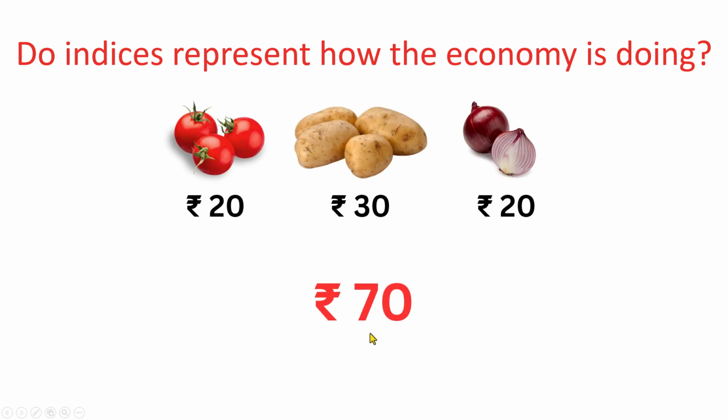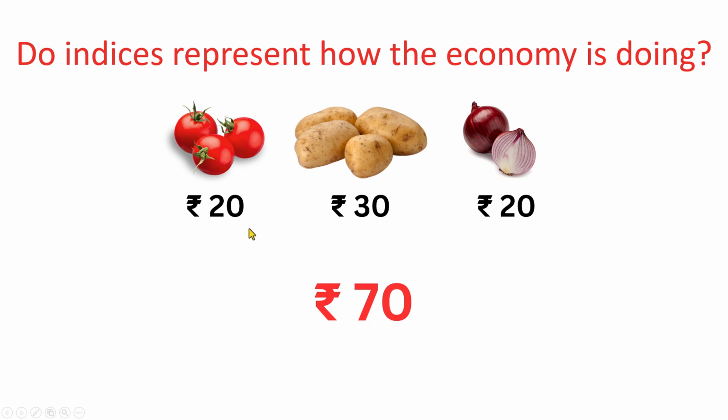The reason is, let me come back to this example once again. You see here, 70 is our index, which gives us the price of these three vegetables only. Correct? Apart from these three vegetables, there are various other vegetables also, and those vegetables are not represented by this index. So just by saying 70 is the price, we cannot say that the price of all the vegetables has increased.